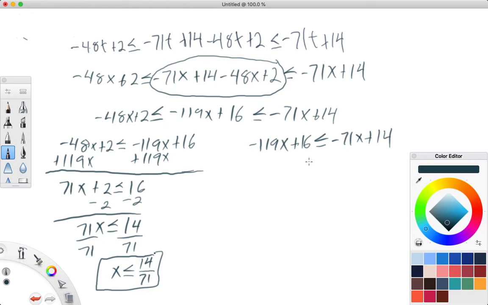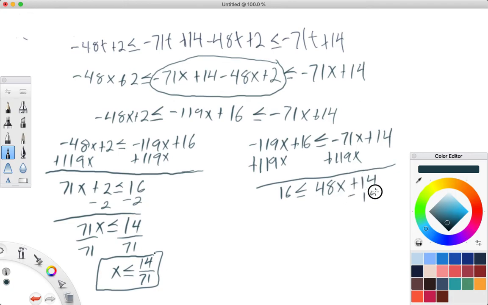Okay, this side I'm going to add again 119x to both sides. And that gives me 16 is less than or equal to, again, now I have a positive 48x plus 14.